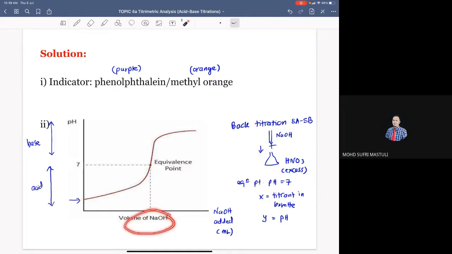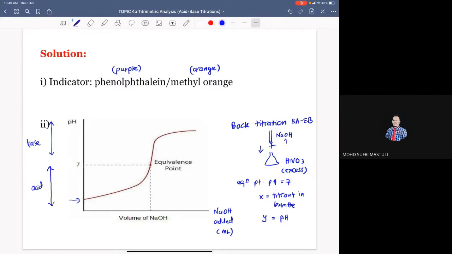Upon increasing the volume, the pH will increase into the base region, because it will neutralize.